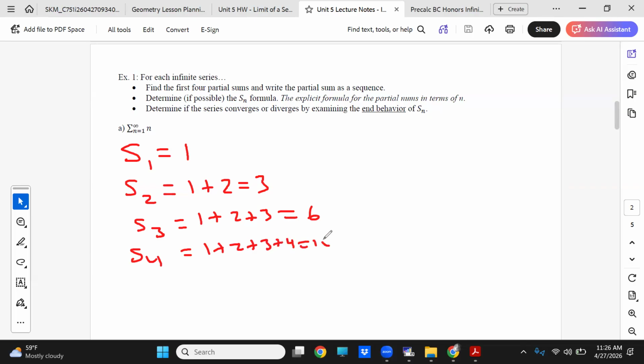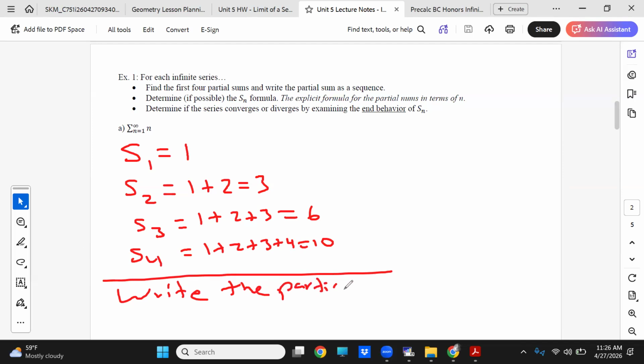So I'm noticing if I write the partial sums as a sequence, how would it look? 1, 3, 6, 10, dot dot dot.